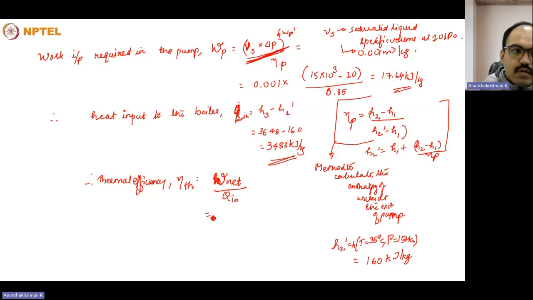The numerator will be turbine work minus pump work, divided by Q input. That will be 1313 minus 17.64 divided by 3488, which is equal to 37.13%.